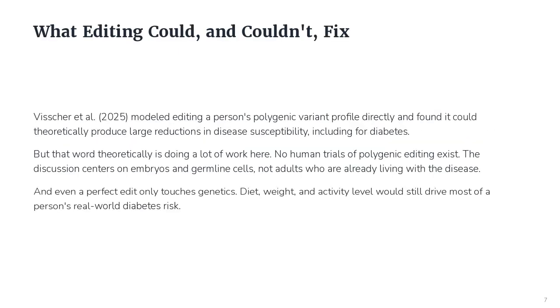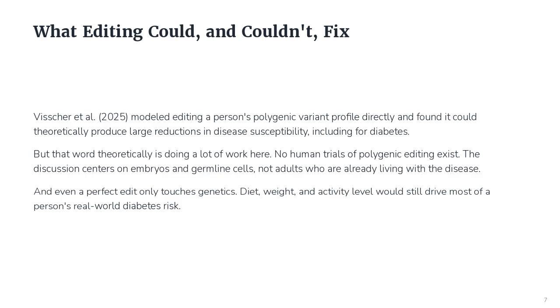So what would it actually take to lower someone's type 2 diabetes risk this way? Vischer and colleagues modeled exactly that in 2025 and found polygenic editing could theoretically produce large reductions in disease susceptibility. But the word theoretically is really doing most of the work in this situation.